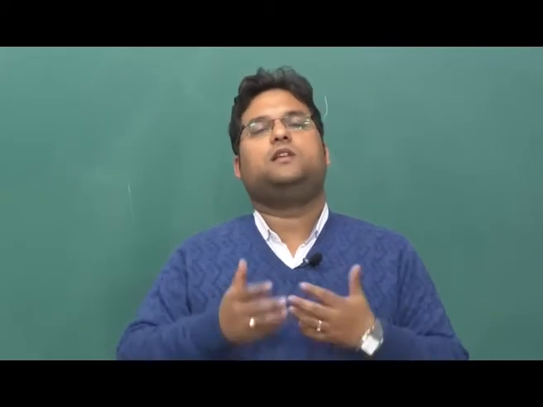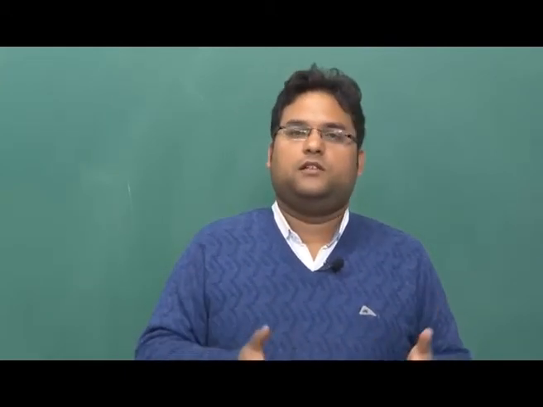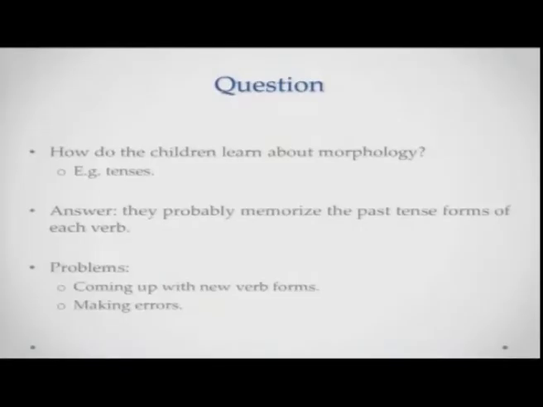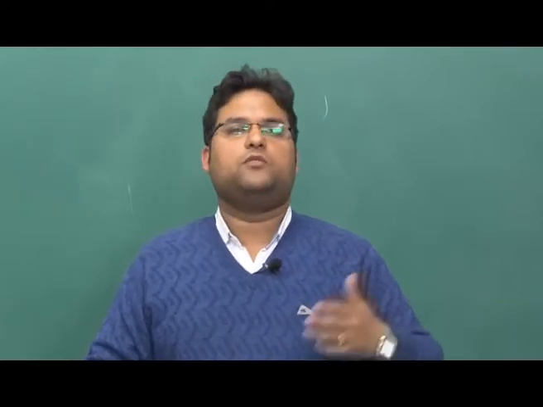Now, how is the child acquiring this? How is the child acquiring this tense knowledge, the past tense knowledge, or things like singulars and plurals? One solution is that maybe children are just memorizing all the forms of all the verbs, memorizing what the past tense form is, what the singular form is, what the plural form is.